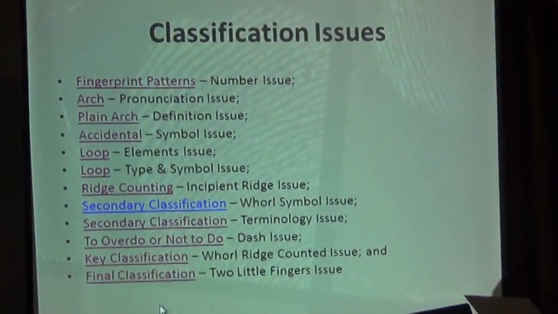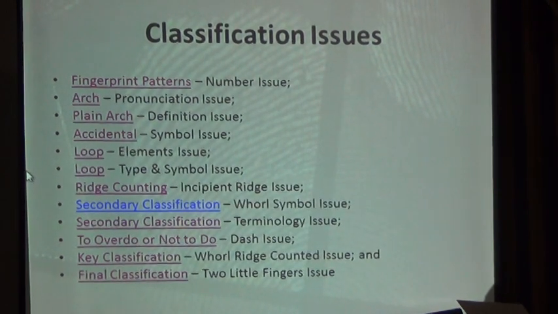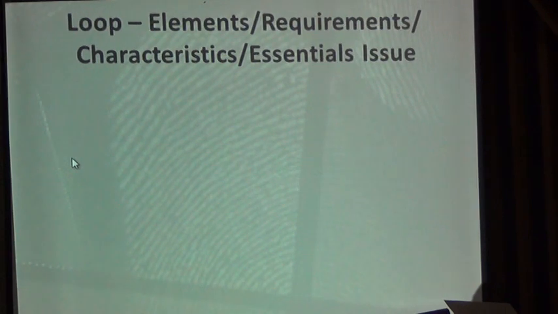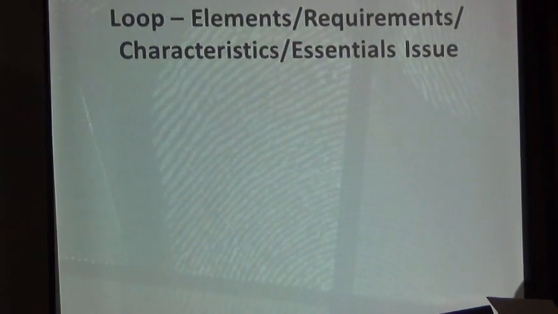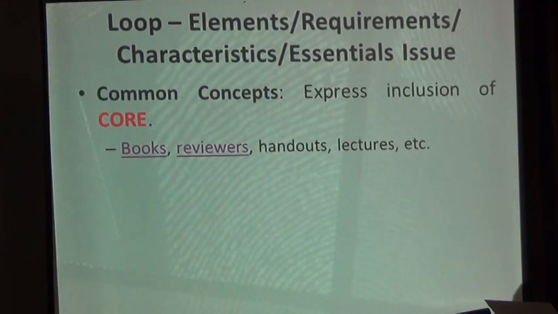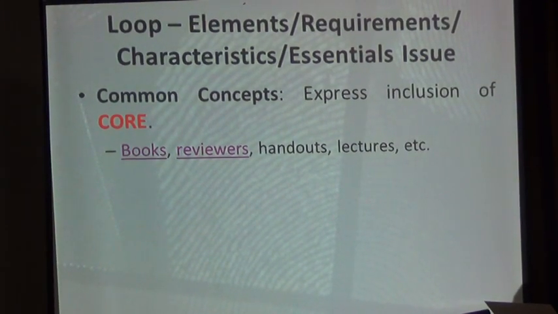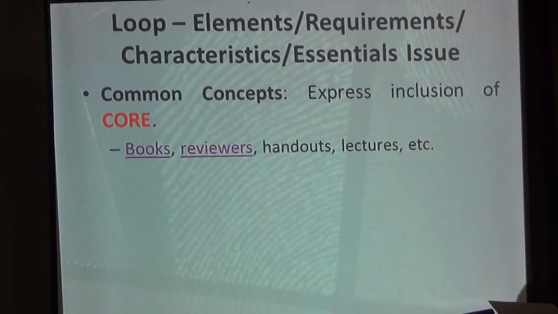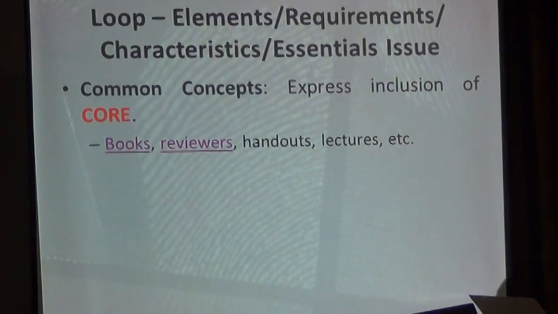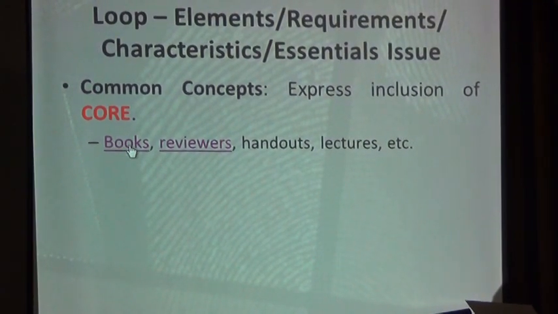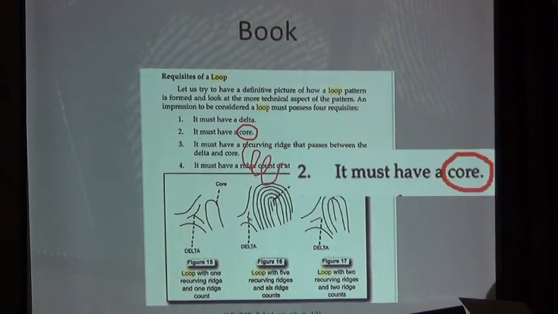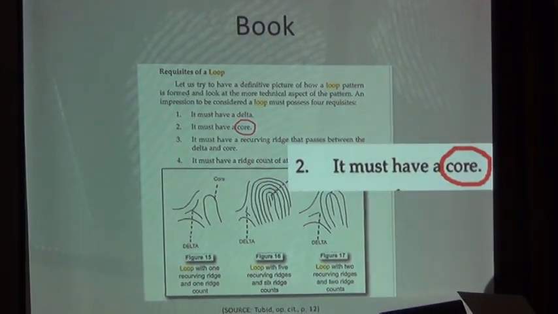Next is the loop elements issue. Another issue that we have to consider. I do not know if you will agree on this, but this is just fitting together two things. Common concepts: there is an express inclusion of the core as part of the elements of a loop. Let us look at the books. It must have a core.